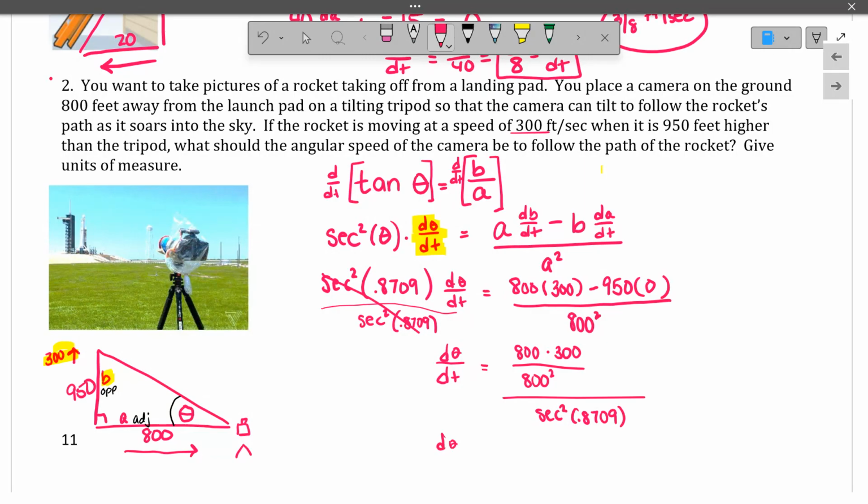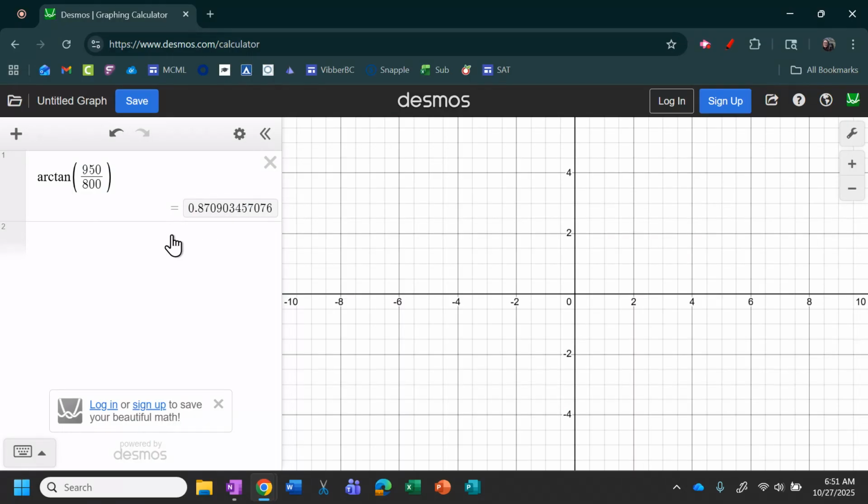So d theta dt is going to be 800 times 300 divided by 800 squared.